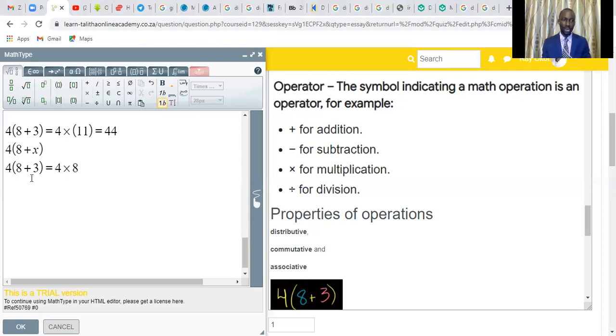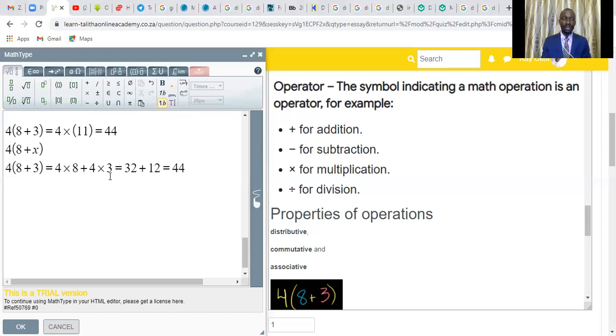Before we distribute 4 onto 3, there is a plus sign here. So we say 4 now distributed onto 3. Then we can simplify, because we know that 4 times 8 is 32, and 4 times 3 is 12. Adding these two would give us a value of 44.